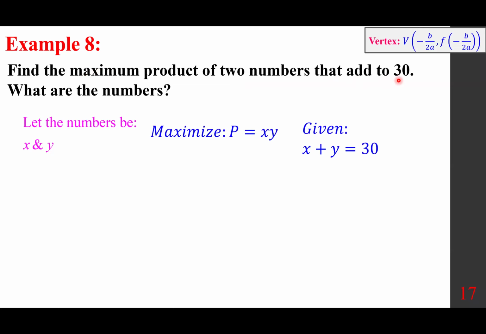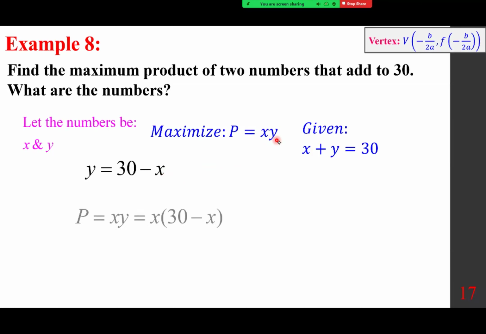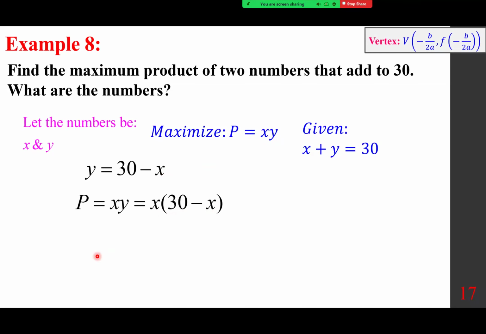If x plus y is 30, you solve for y: y is 30 minus x. And if you look at this one, P is a function of x and y. If you replace the y with 30 minus x, you get 30x minus x squared.